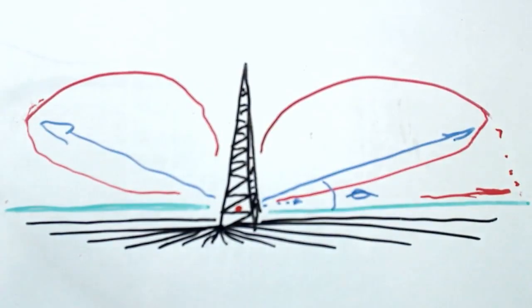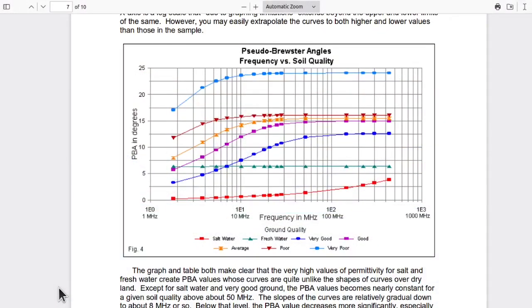Now we're going to look at some facts and figures to match this. And this takes us to this graph here. This is labeled the pseudo-Brewster angles, frequency versus soil quality. We've discussed soil quality earlier.